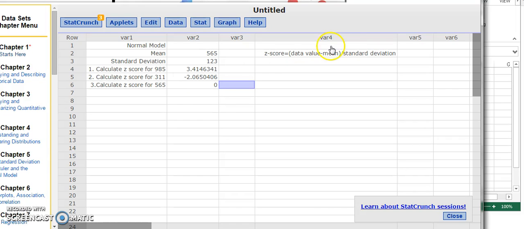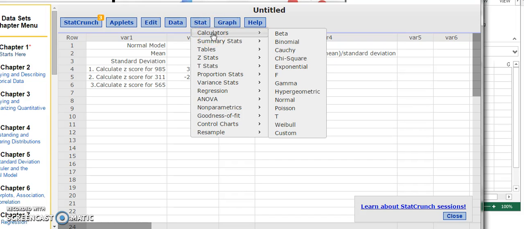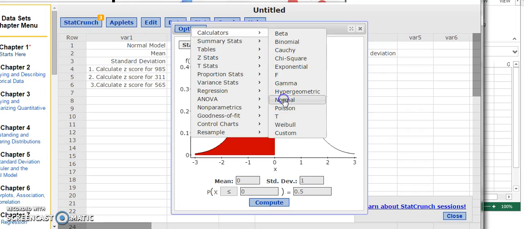If you remember this formula, it's very easy to do by hand. But sometimes if you want to verify that you remember the correct formula, you can try StatCrunch. When you're using StatCrunch to calculate the z-score, you need to go to Calculator, Normal, because we're looking at the normal model.